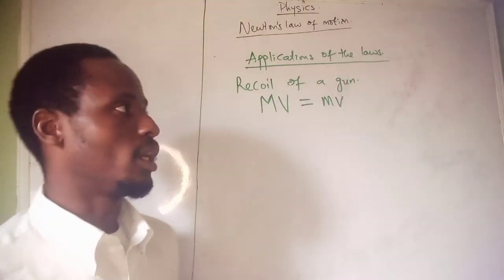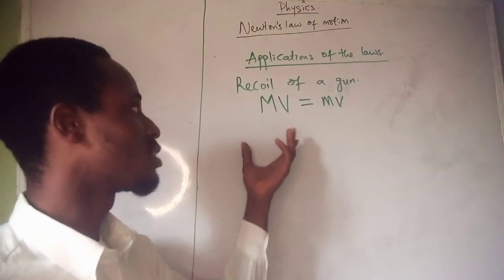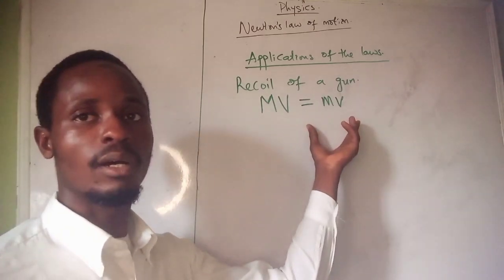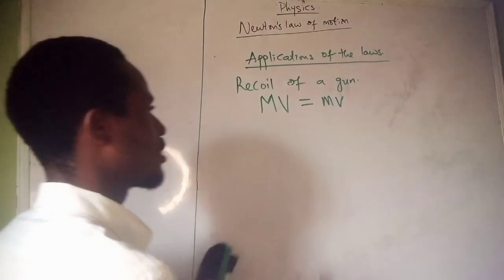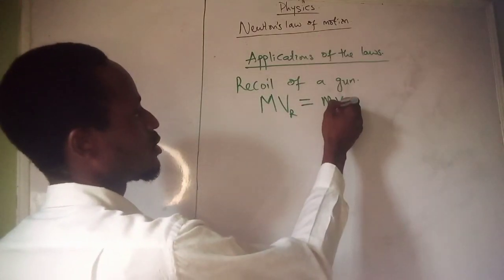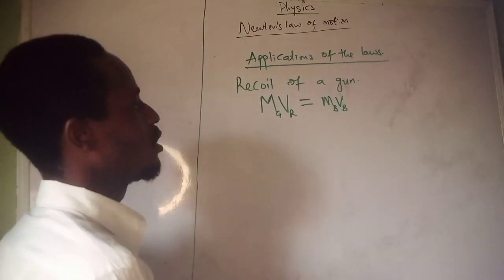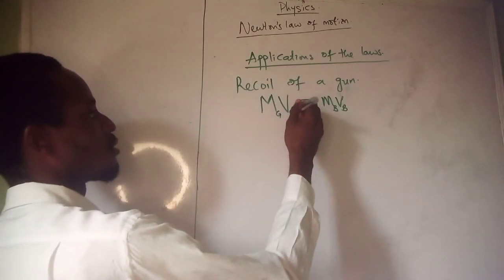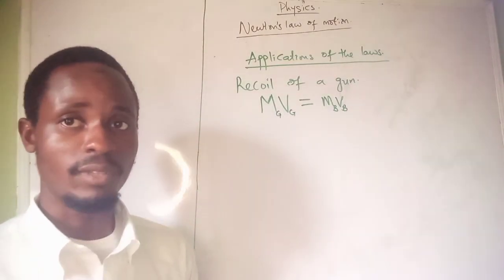In an exam, you might be given questions where you have to find the mass of the gun, the mass of the bullet, the velocity of the bullet, or the velocity of the gun. So we can write it as: this is the recoil velocity, this is the velocity of the bullet, this is the mass of the bullet, this is the mass of the gun. Let's call the recoil the velocity of the gun. So this is the application of that law.